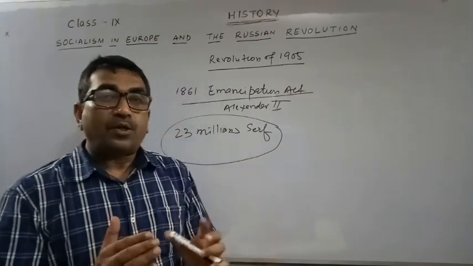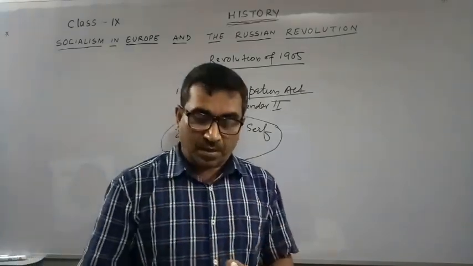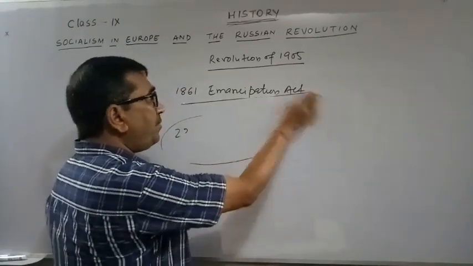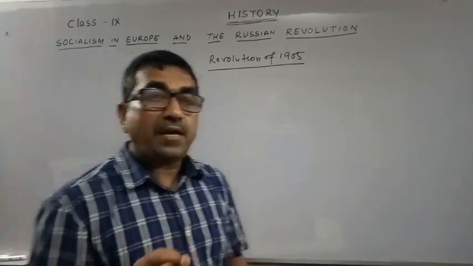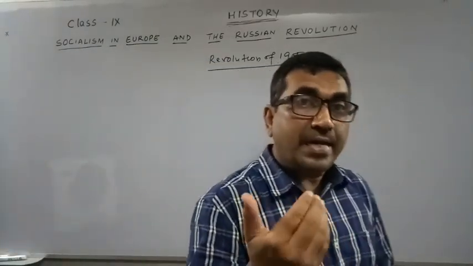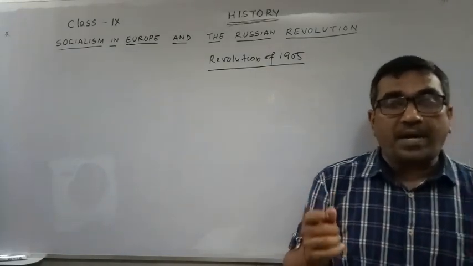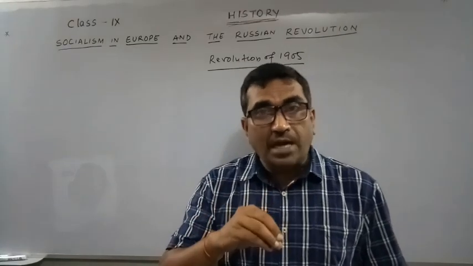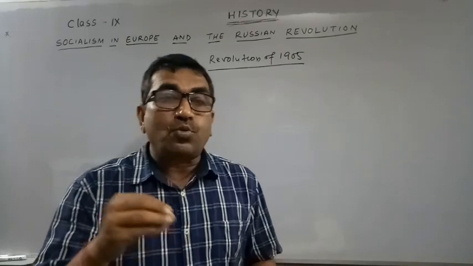What happened to the future of these freed laborers? When they were freed, they were provided land, and this land was taken from the big landlords, and the government paid for it. These serfs had to pay rent to the government.